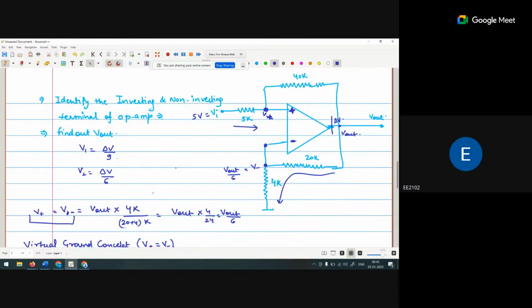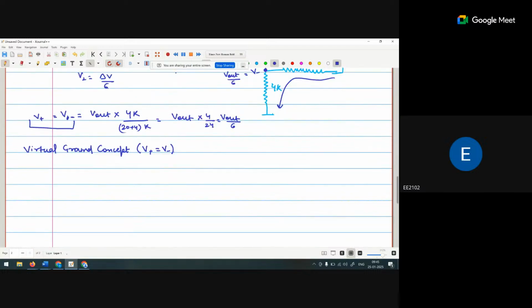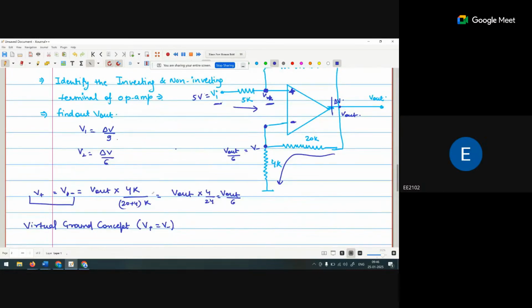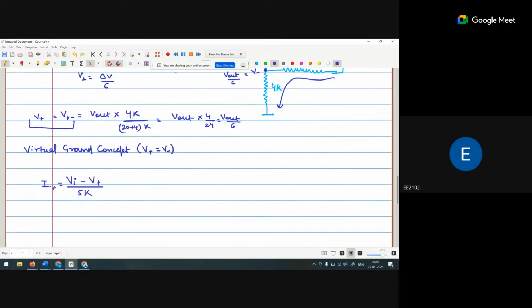This is Vi, and this voltage we know, the resistance we know, so the current flowing through the 5K is nothing but Vi minus V plus upon 5K. That is the current, I positive.